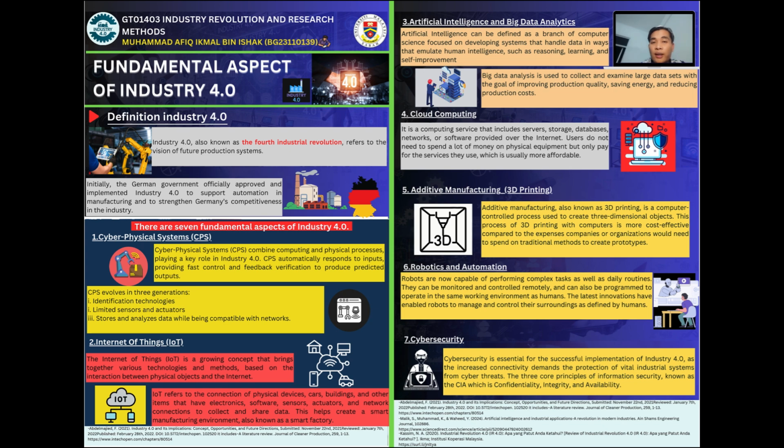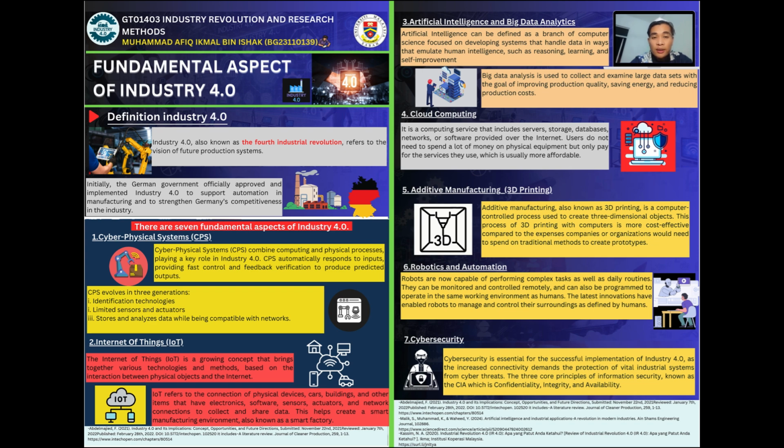Meanwhile, big data analysis is used to collect and examine large datasets with the goal of improving production quality, saving energy, and reducing production costs. AI technologies can be seen as tools that help systems understand their surroundings, process the data they collect, solve complex problems, and learn from experience to improve their ability to perform specific tasks.